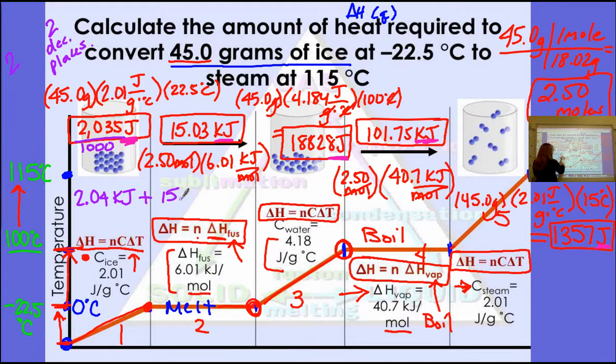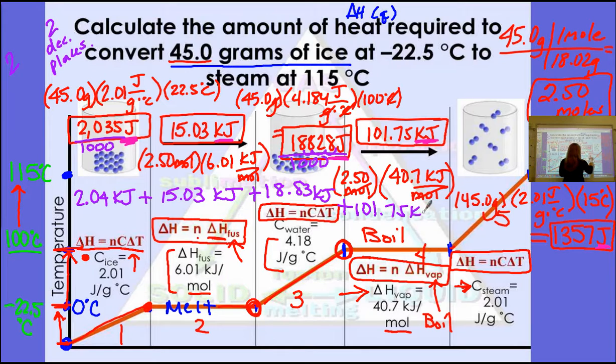plus 15.03 kilojoules. That one stays the same. Plus, divide by 1,000, move it 3 places, 18.83 kilojoules. Plus, this one stays the same, 101.75 kilojoules.